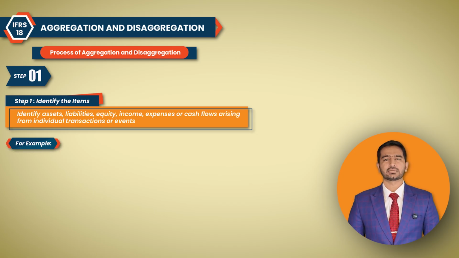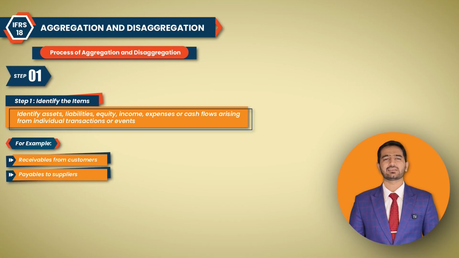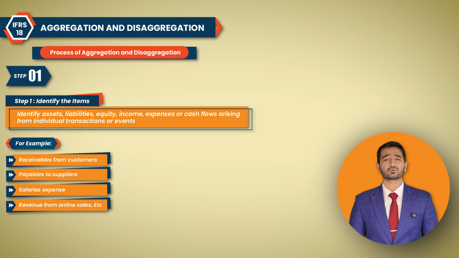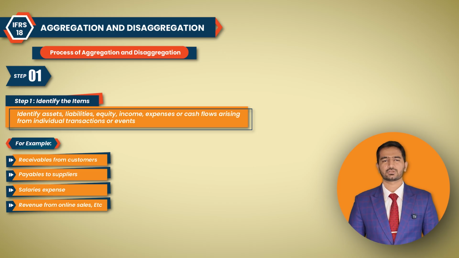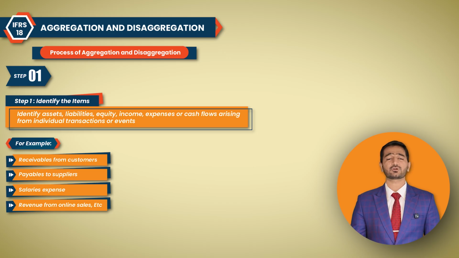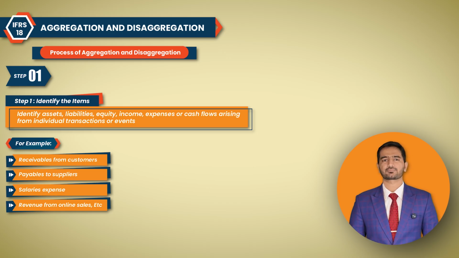For example, receivable from customers, payable to suppliers, salary expense, revenue from online sales. These are all items, not line items yet. So before you jump into your primary financial statements like the balance sheet or profit and loss, step 1 is to list all the individual items that resulted from transactions or events.